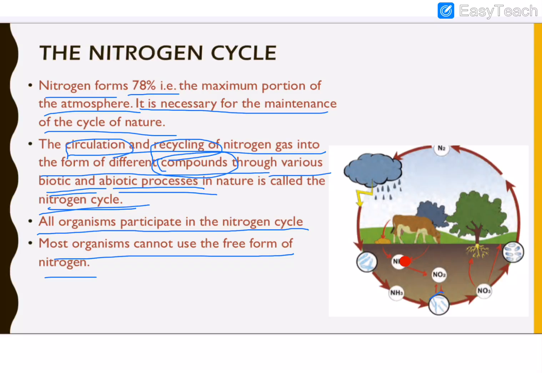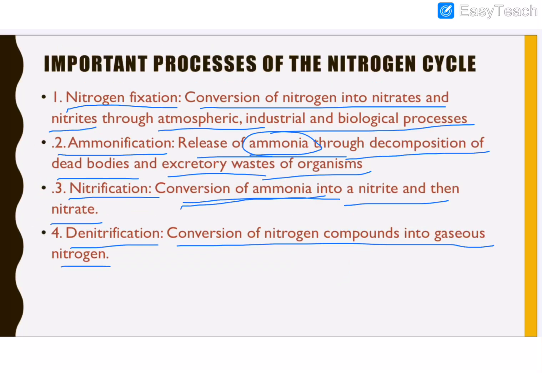You can see in the image, the ammonia is released by animals as excretory waste, and then it is converted into nitrites and nitrates. This process is called nitrification, and when this nitrate is converted back into gaseous nitrogen and released, that process is called denitrification. So these are the important processes in the nitrogen cycle.